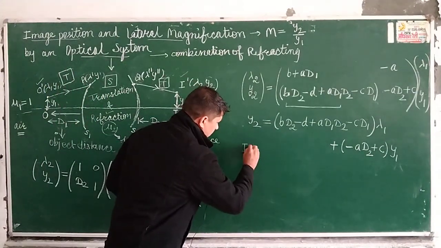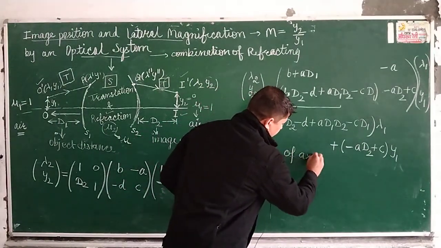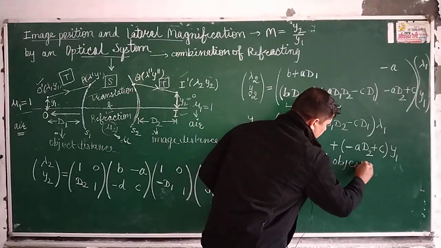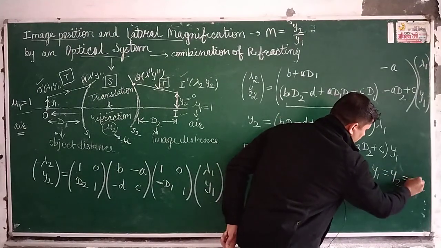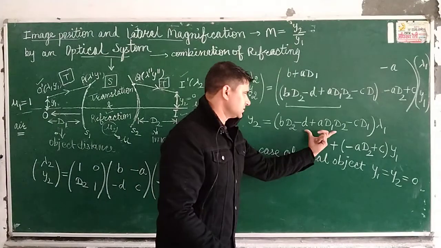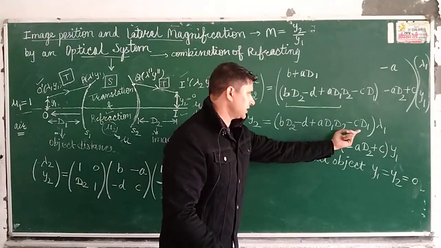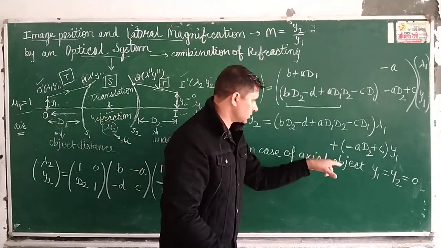So here I am writing, in case of axial object, meaning when the object is placed at the optical axis, then y1 will be equal to y2 and this will be equal to 0. So in that case, the relation between d1 and d2, or the coefficient of lambda 1, has to be equal to 0.